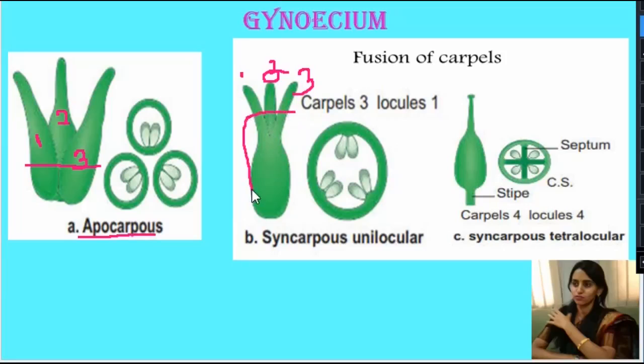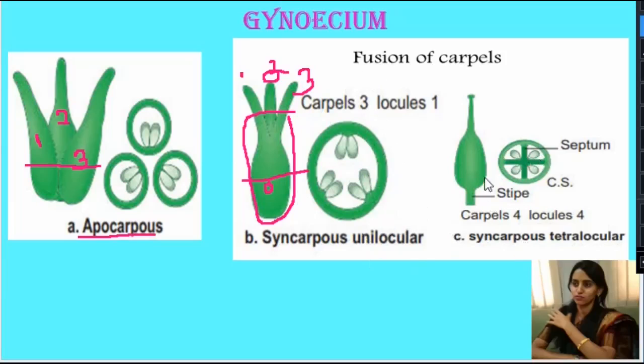From here to here, the carpels are fused. This is ovary and this is part of the style, they are fused. When you take a transverse section of this ovary, you can observe one locule. But there are 3 carpels. This is unilocular and syncarpous.